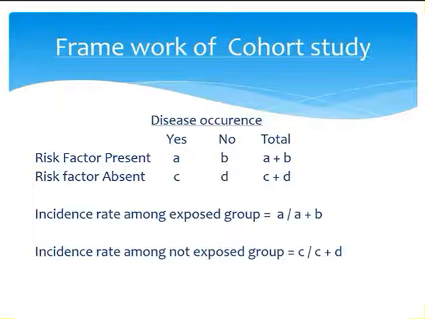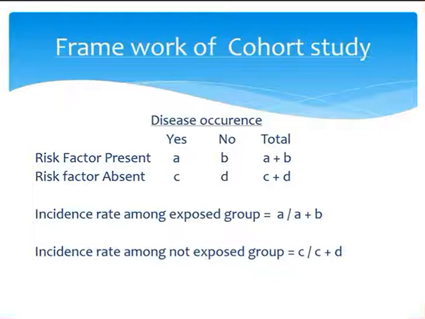So what you do with this is you can now calculate the relative risk. The relative risk is the ratio of the incidence of the disease among exposed and the incidence among the non-exposed. This is a very important index that tells you about the strength of association between the exposure and the outcome.